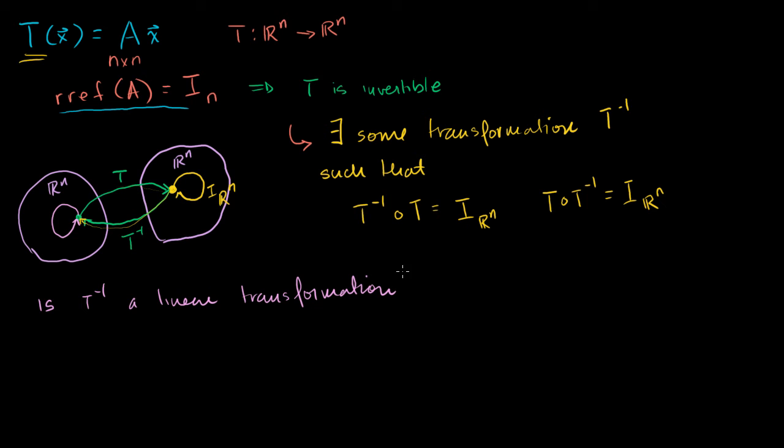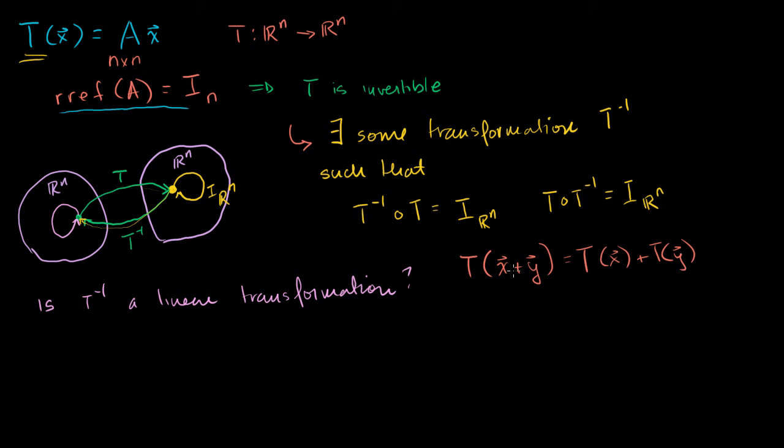Let's review what the two conditions are that we need to have to be a linear transformation. We know T is a linear transformation. So if you apply the transformation T to the sum of two vectors, let's say x and y, it is equal to the transformation of the first vector plus the transformation of the second vector.